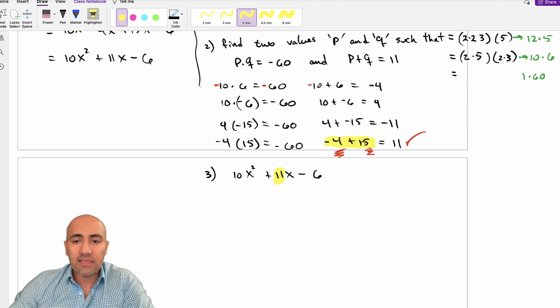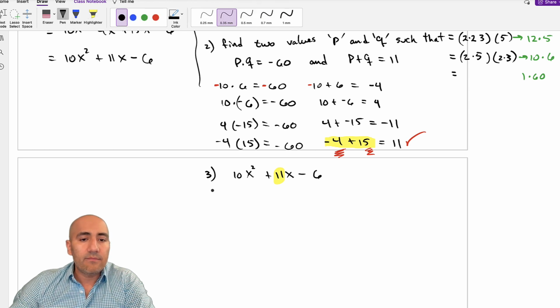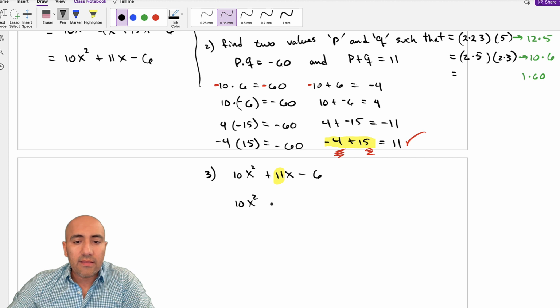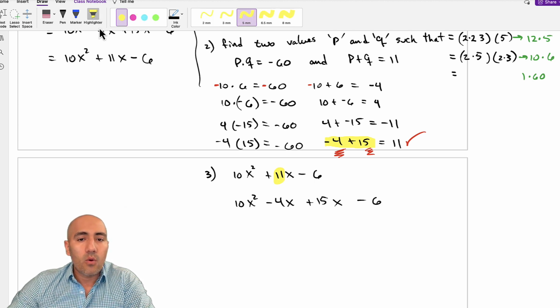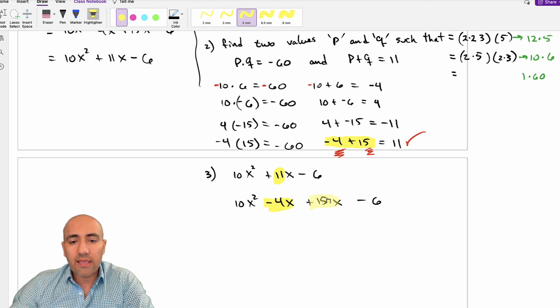So we're going to replace this 11 with that. Okay, so then we're going to write 10x squared, and this becomes minus 4x plus 15x minus 6, right? So I just replaced the positive 11 with a negative 4x and a positive 15x.